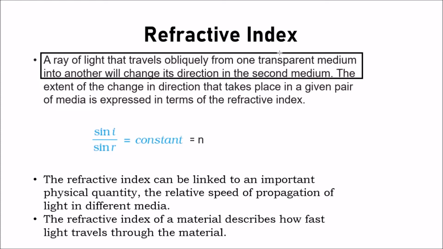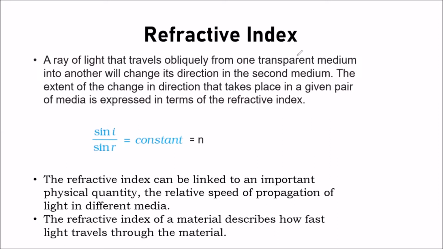We have discussed and understood why it changes: because there is a change in the medium, there is a change in speed, and when it goes from one medium to another, it changes its path because of the change in speed, and it bends.